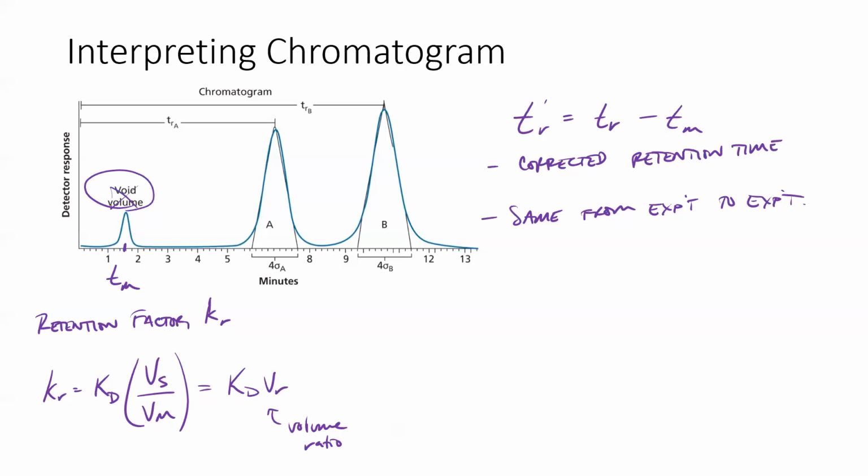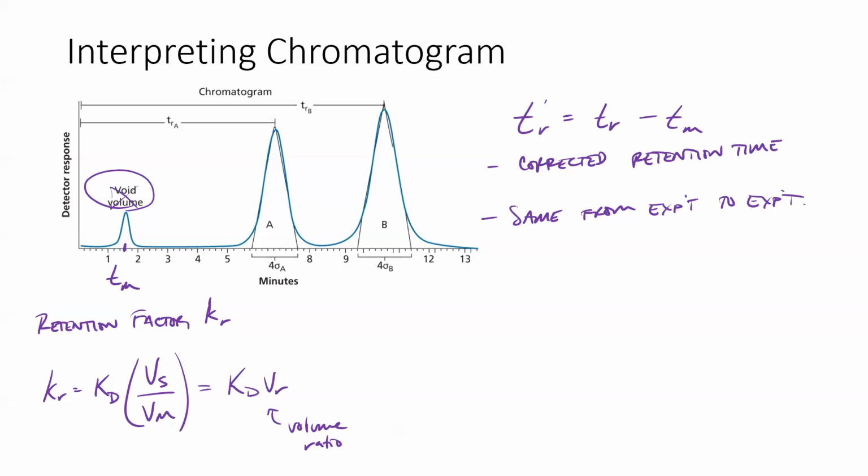But what this also does is this retention factor, Kr, we can take from instrument to instrument to instrument, for a given compound and the same type of column. We can also change column types, but for the same type of column, the same solvent system and the same analyte, we can look up a KD, and if we know those two volumes, we can calculate Kr.